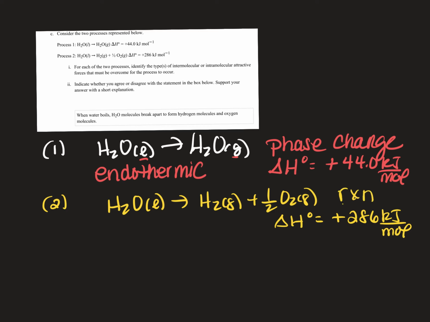This is an actual reaction, right? Because when I look at it, the water is a liquid and there is no water on the right-hand side, whereas in the first equation, there's water on both sides. So the question says, for each of the two processes, identify the type of intermolecular or intramolecular attractive forces that must be overcome for the process to occur.